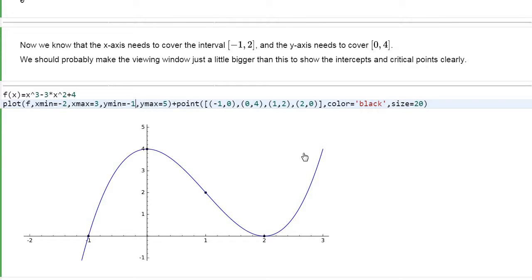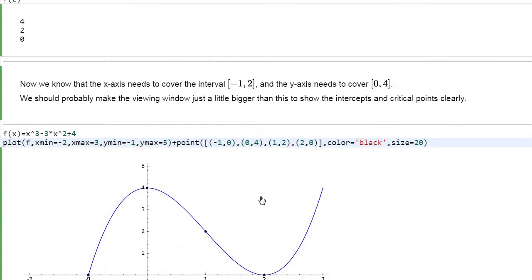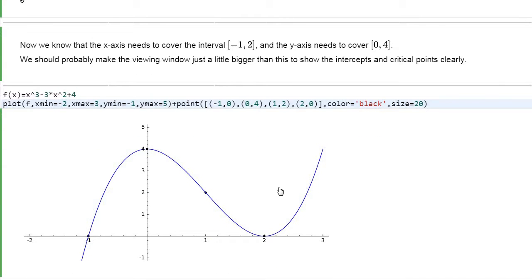Okay, I added on plots of these points. Now, when you have several points to plot, you can either do a separate point command for each one of them, but that's a lot of typing. So instead, you can just use one point command. And if you feed it a list of points, you can plot all the points at once. And the way you give it a list in Sage is square brackets. So this parenthesis is the parenthesis for the point command.